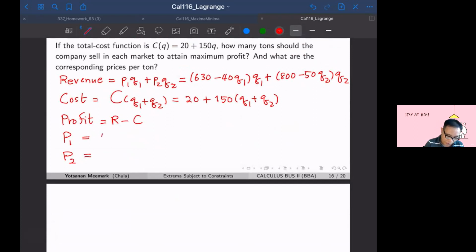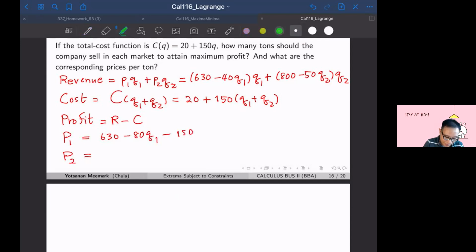So here it's going to be 630 minus 80 Q1. Okay, so that takes care of Q1. And you have minus this guy, so it's going to be 150. Okay, so you find the derivative with respect to Q1.